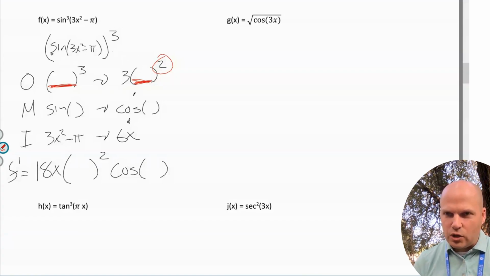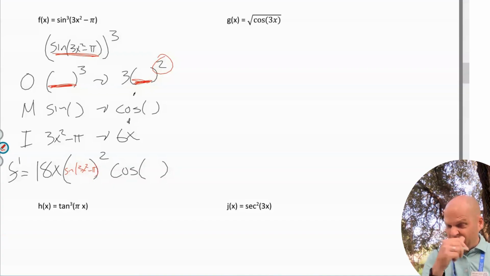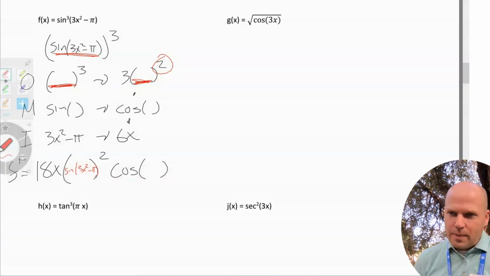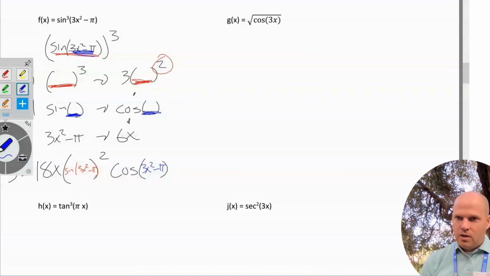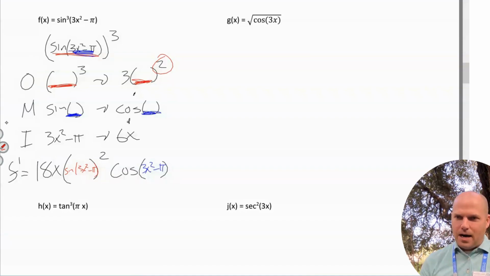What started in the cubed? All of that. Sine 3x squared minus pi goes in there. Cool? What about what goes inside the cosine? Whatever started inside the sine. What started inside the sine? 3x squared minus pi. That's an OMI.